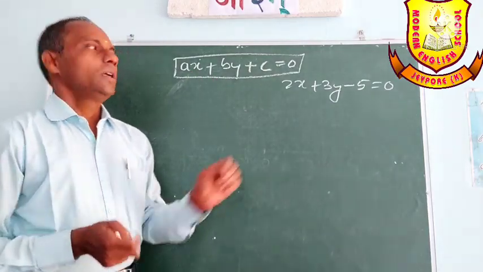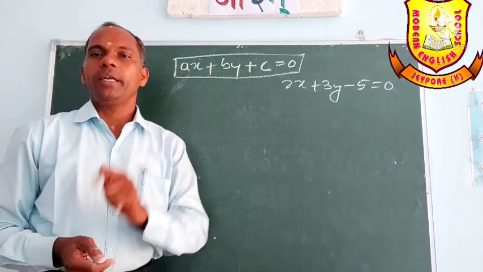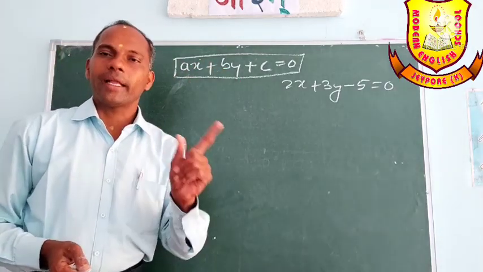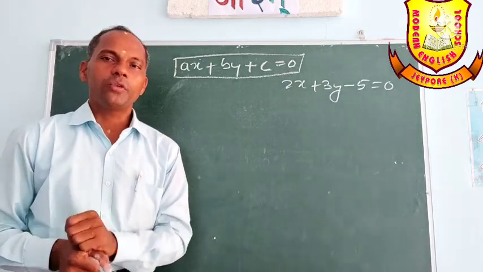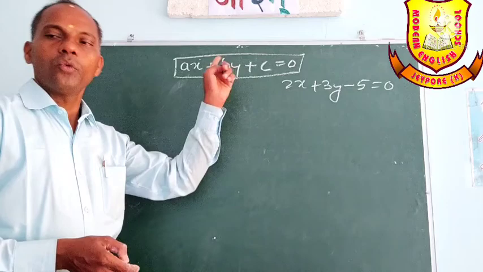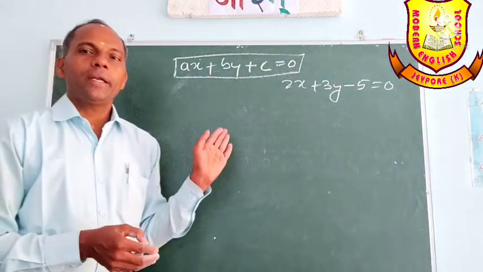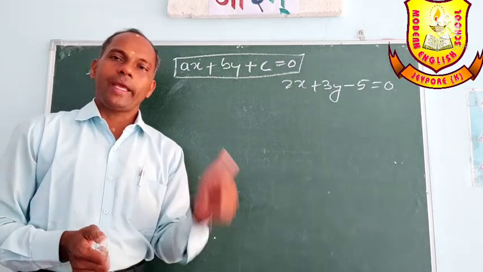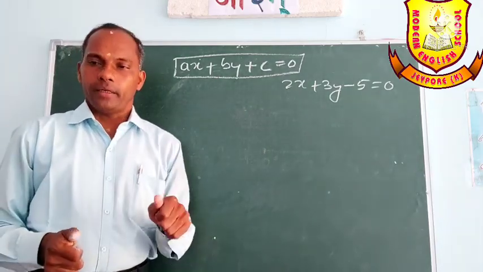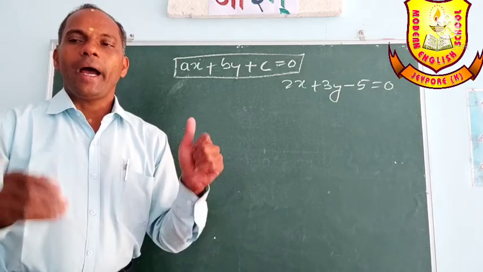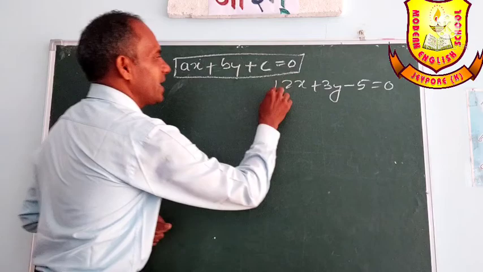But whether you find y or x, one will be the dependent variable and the other the independent variable. Generally, we should find y, so y will be dependent upon x. So x will be independent and y will be dependent. How are they independent and dependent? See.